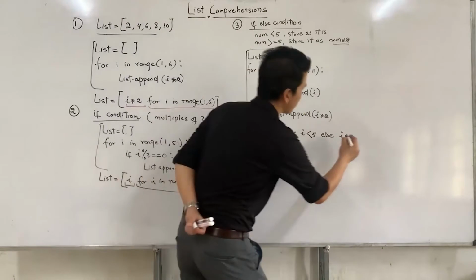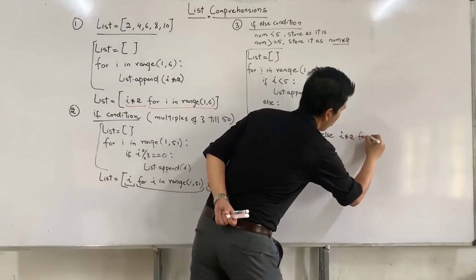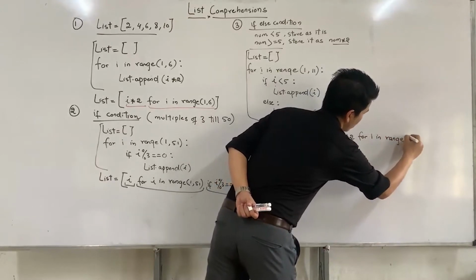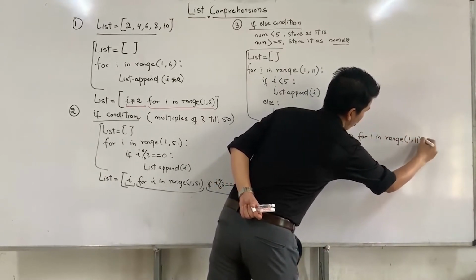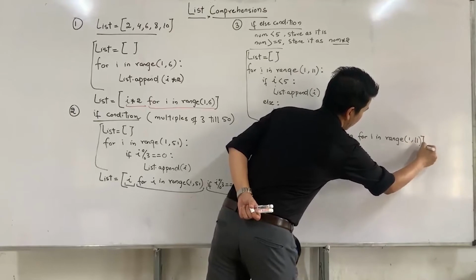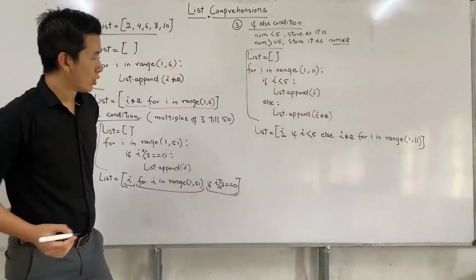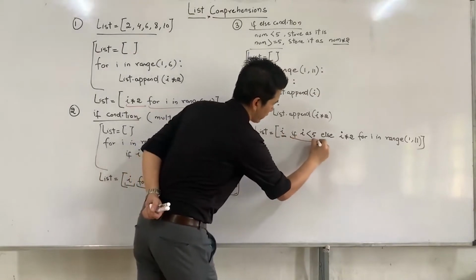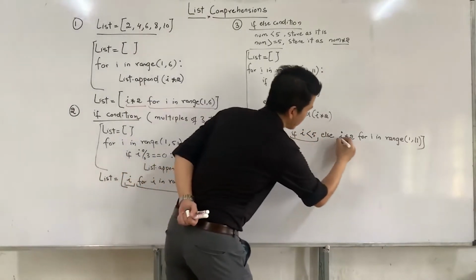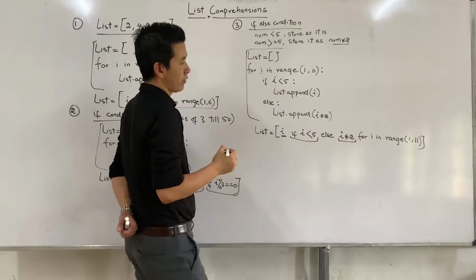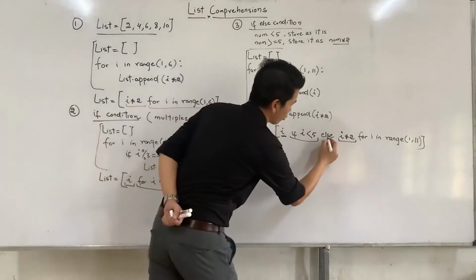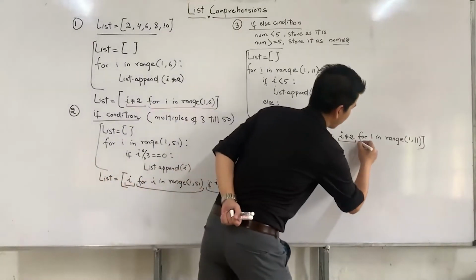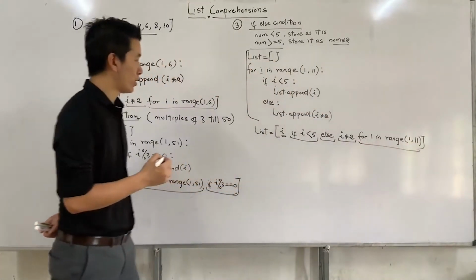And then finally you have the for loop, for i in range, and then you have 1, 11. So this is the statement associated with the if condition, and then this is the statement for creating the list, which is associated with this else. And then finally you will have the for loop.